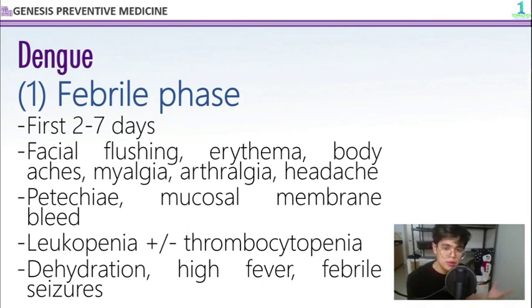Because this is important because at different phases of the disease process, there are different major complications that clinicians have to watch out for. In particular, for the febrile phase, yung high fever and febrile seizures.